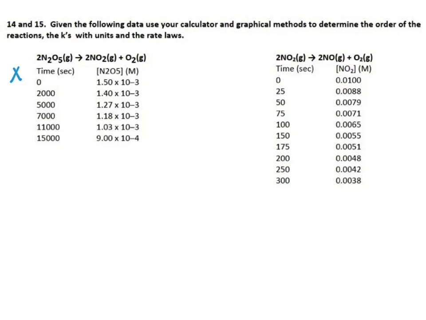So you're going to hit LN, and then second 2. It should say LN open parentheses L2, and then hit enter. So now we have our natural logs of all of the concentrations.